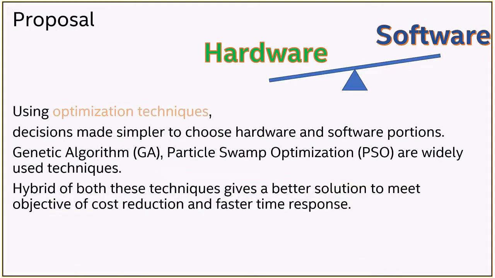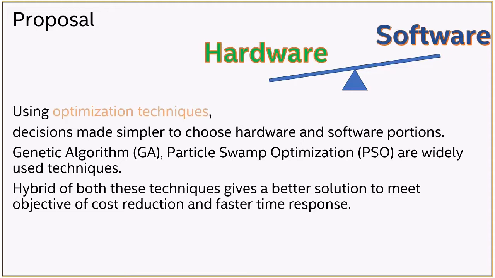Using optimization techniques, we can achieve low cost with better timing. So that is our objective, to achieve less cost and faster time response. To do that, we have to find a mutual agreement between hardware and software portions, what to implement in hardware and what to implement in software.